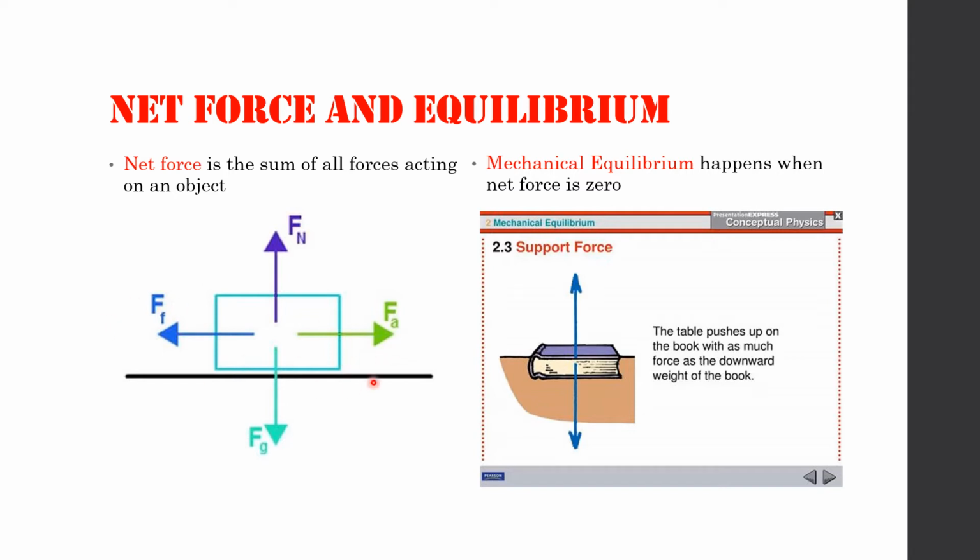So in that case, it's not moving horizontally because it's balanced. Okay. And then, if everything is in balance, it means it is in mechanical equilibrium when the net force is zero. Just like here in this example.